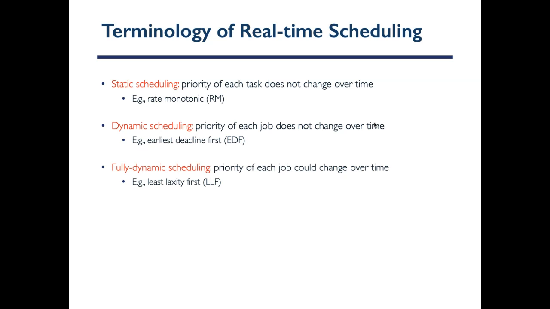Now, with online scheduling, you don't make any pre-assumptions about your tasks. Your tasks will come as you start running your system, and as they come, you make scheduling decisions. That is online scheduling, which is basically all the categories here.